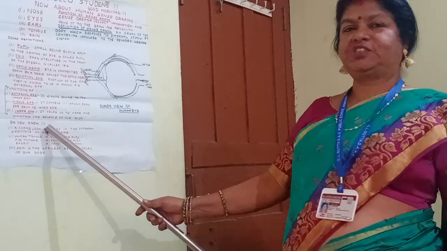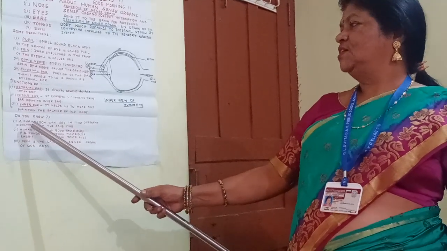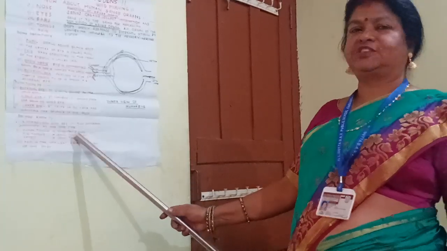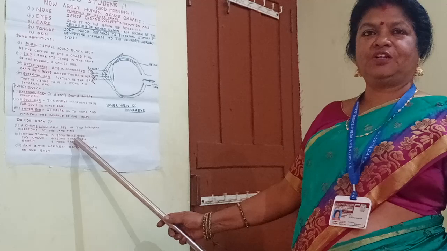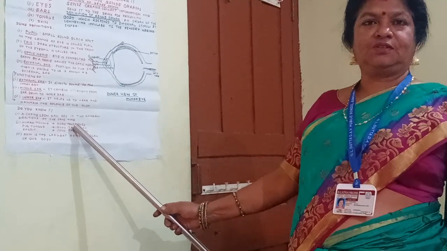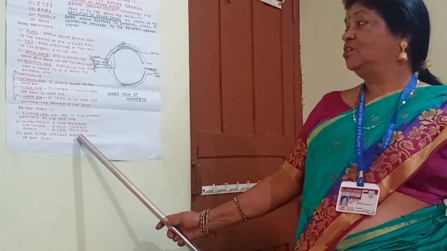And I always tell you to learn, do you know also? A chameleon can see in two different directions at the same time. It can see the south direction with one eye and the north direction with the other eye.